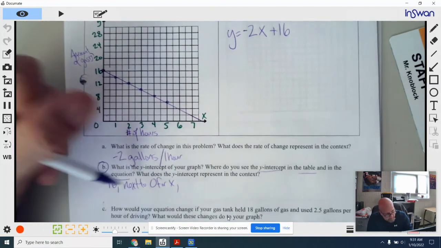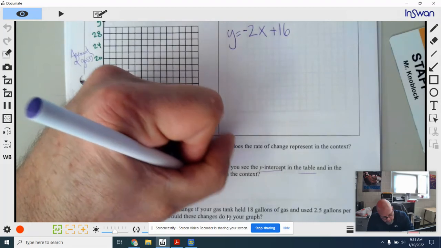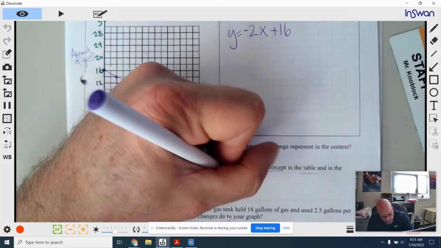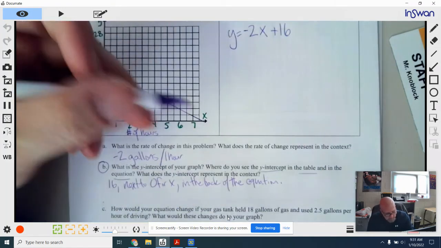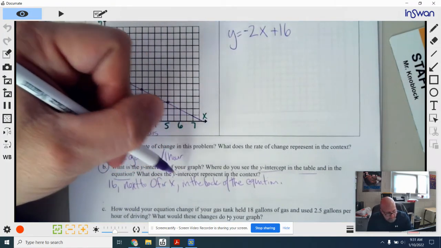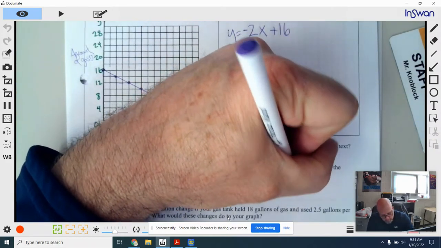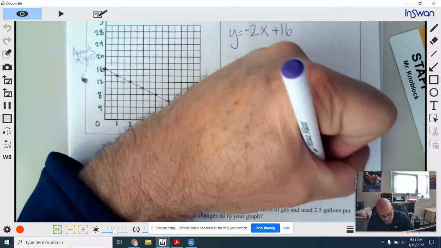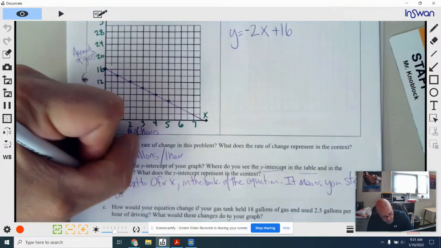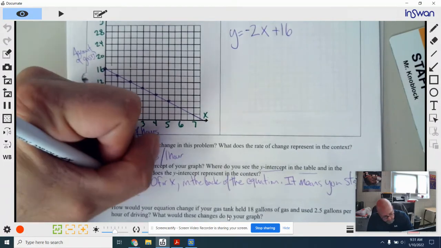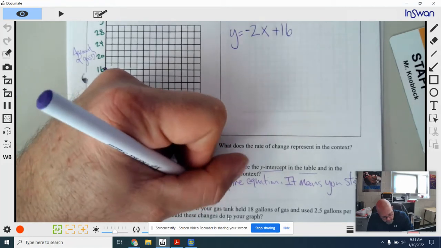In the equation, we see it in the back of the equation. And then what does the y-intercept represent in the story, in this context? So it means you started with 16 gallons of gas.